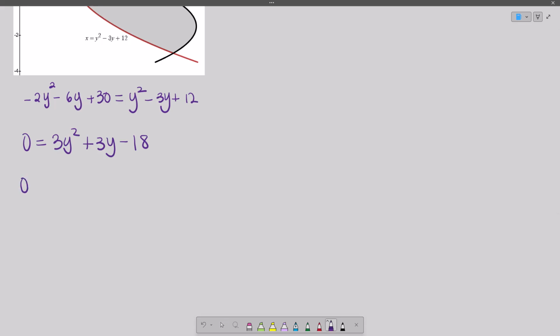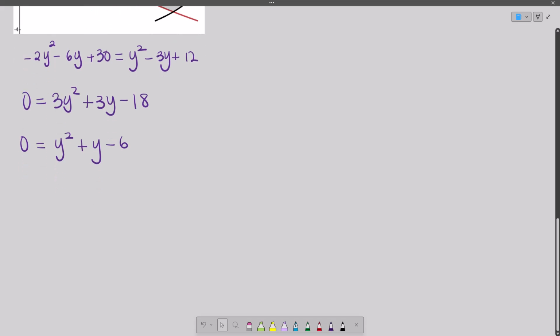We can divide out the 3 and get that. Zero divided by 3 is 0, so it's okay. You could just factor it out if you want. Doesn't matter. Divide it, factor it, it's gone. This is factorable once again. So we get y plus 3 times y minus 2.